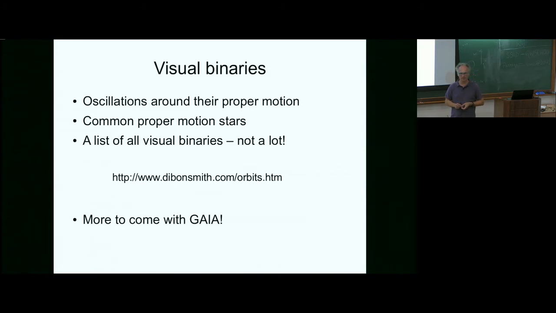These are the binaries for which we can see the two spectra of the stars. So we see some lines, and we can see that there is a part of a spectrum that comes from one component and another part that comes from another component.